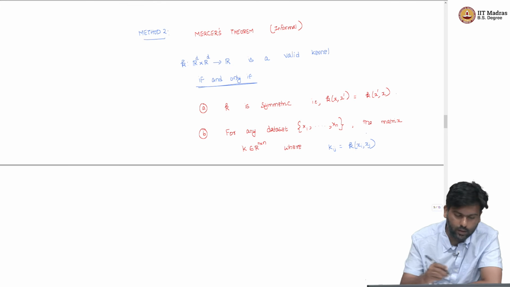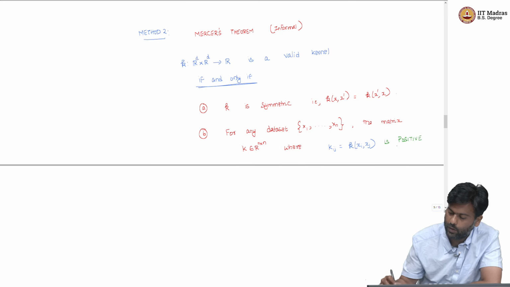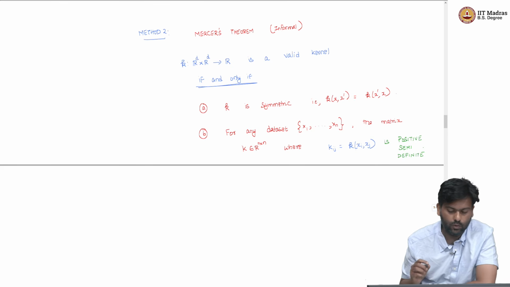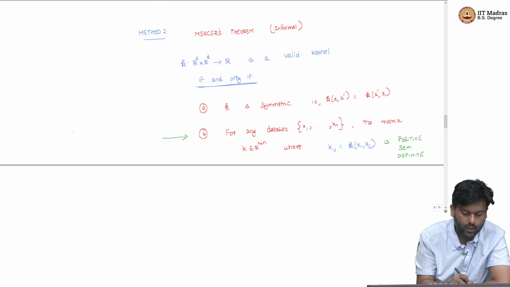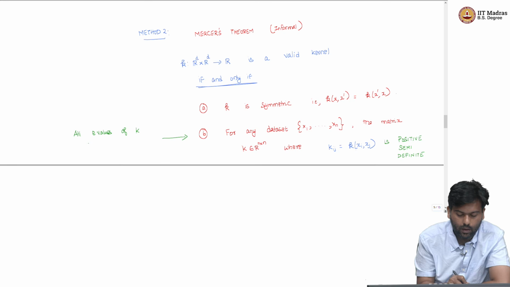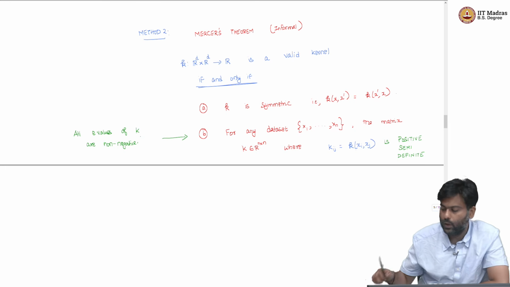Well, Mercer's theorem says that this matrix is positive semi-definite. What does that mean? That means that all eigenvalues of K are non-negative, right.